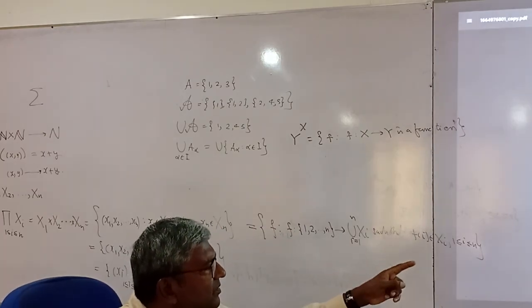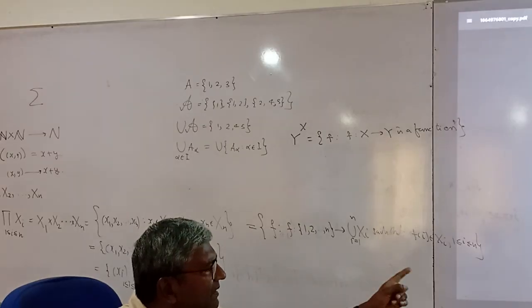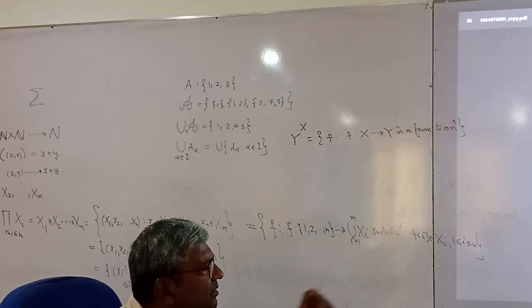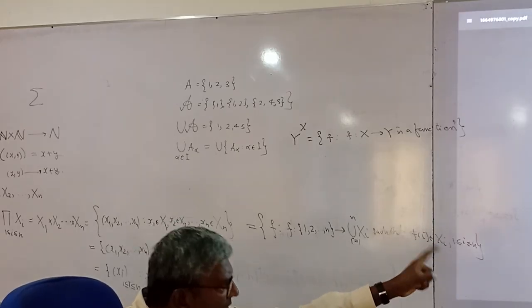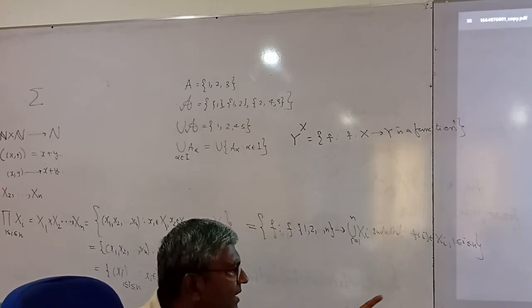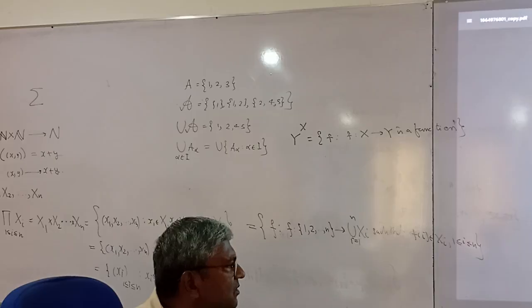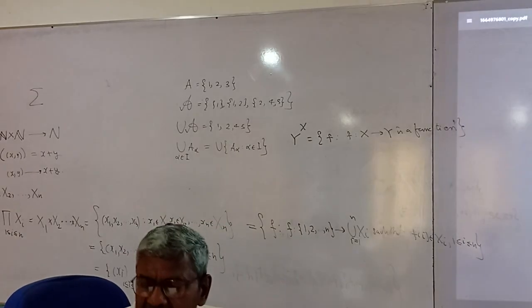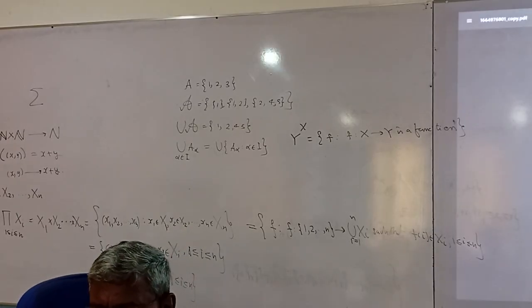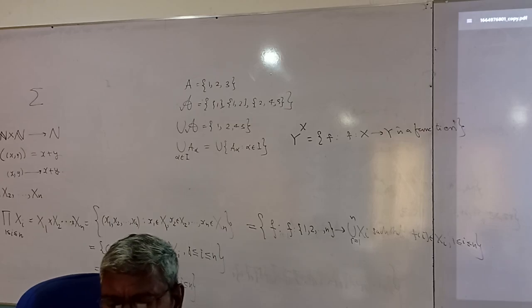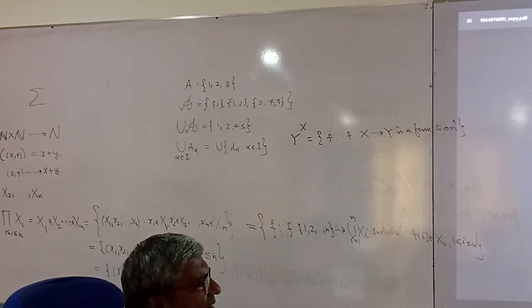X1 cross X2 has (a1, a2), (a1, b2), (a2, b1), (a2, b2). So then you have X1 cross X2, cross X3, understand, no? Then X1 cross (X2 cross X3) in a similar way. Thus, strictly speaking, he says these are different.